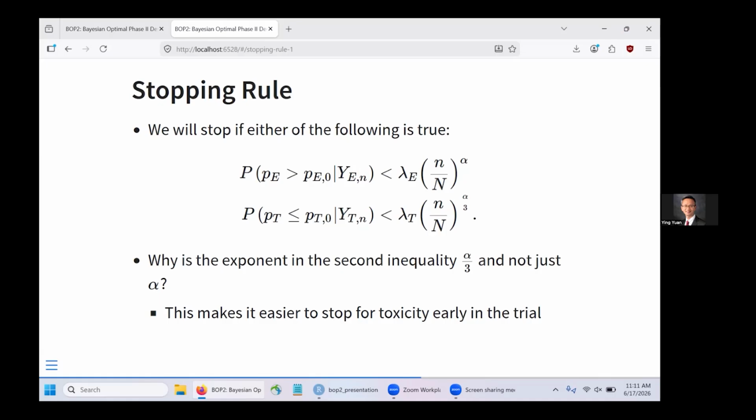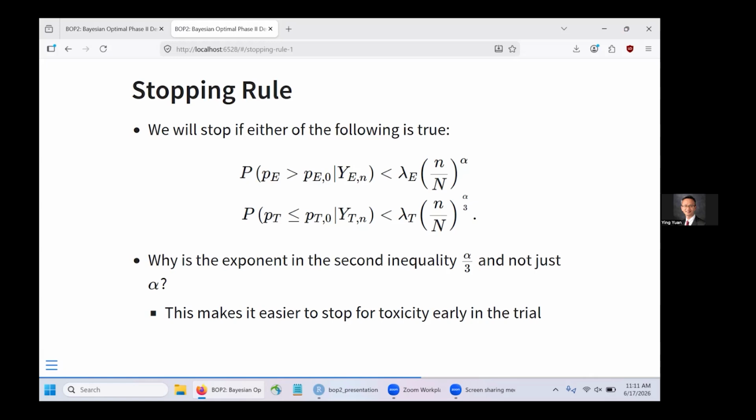Originally, we don't divide by 3. And that's more from a statistical point of view. You can optimize the decision boundary such that you maximize power. The results seem okay from a statistical perspective, but when you look at a discrete decision boundary, you will notice in general it can tolerate higher toxicity.